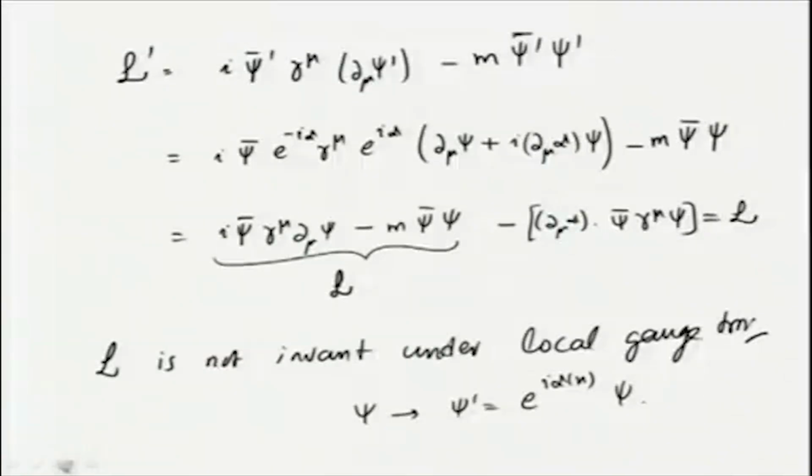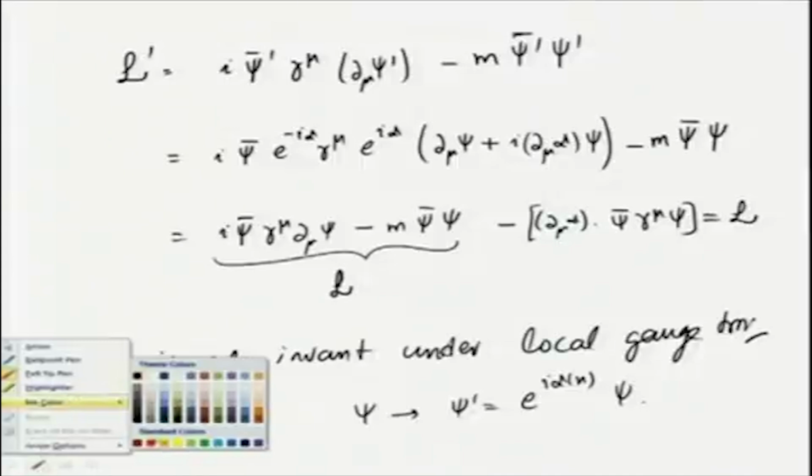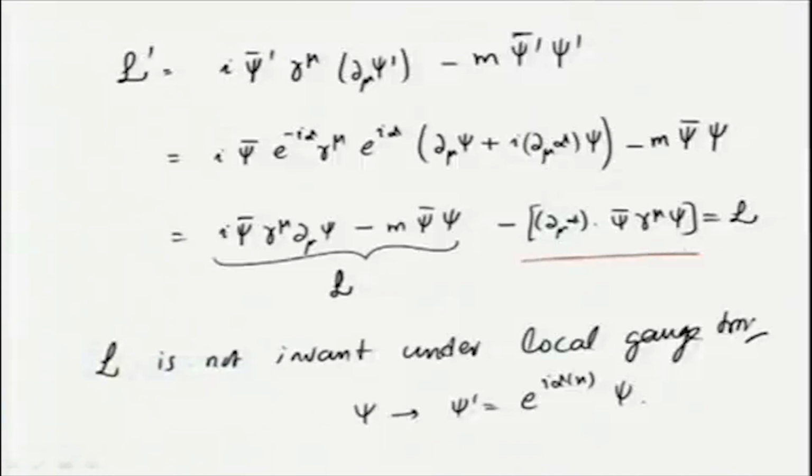So, what we have to do is to find a way to cancel this additional term here. This term which I have underlined in red is an additional term in the new Lagrangian compared to the old one. So, somehow we have to arrange things so that this is cancelled when you go from L to L prime.